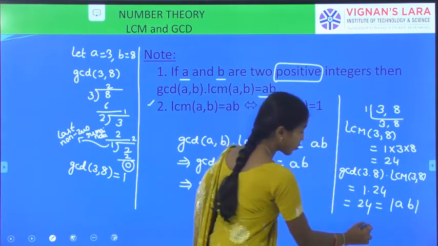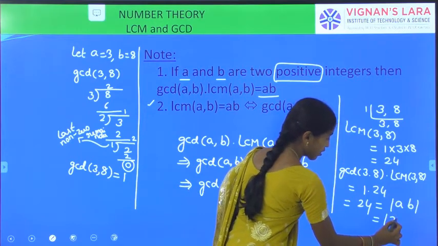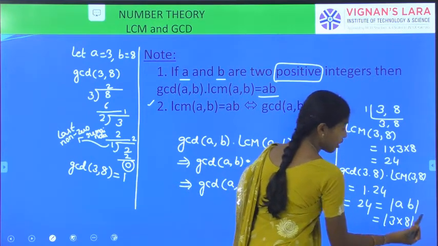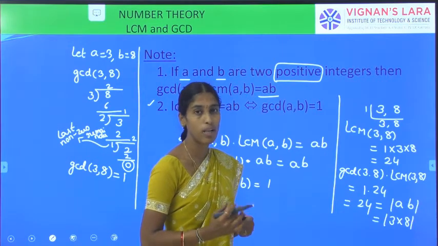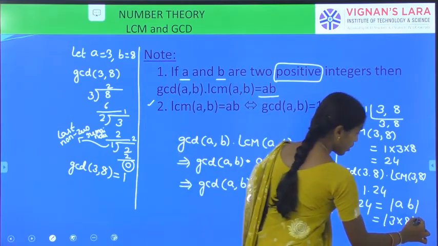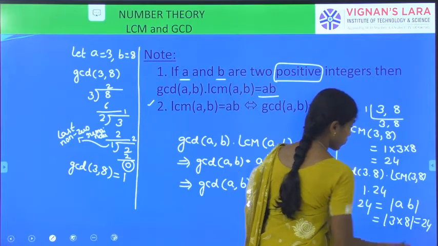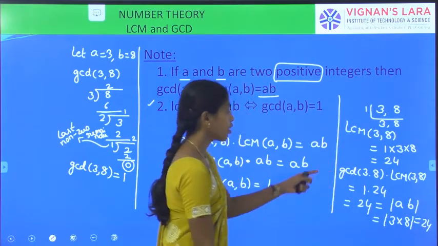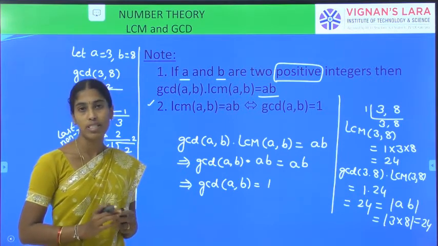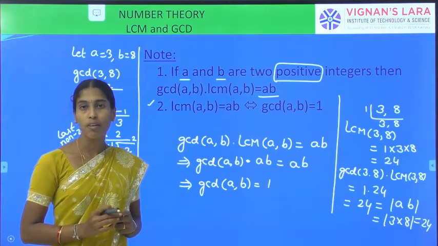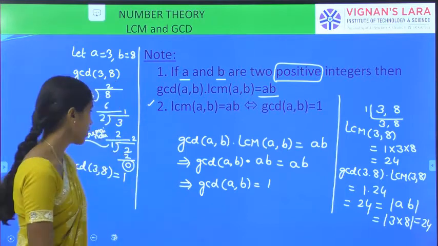What is the A value here? A value is 3, B value is 8. Because both are positive integers, modulus of a positive value is the same. So 3 into 8 is 24. Therefore, GCD into LCM of any two numbers is equal to the product of the corresponding numbers, right?